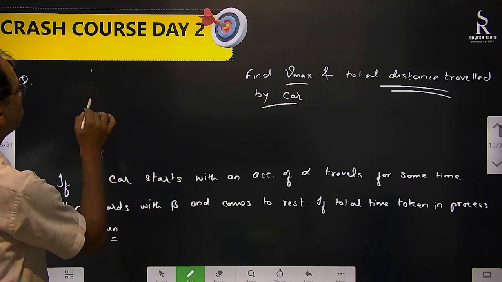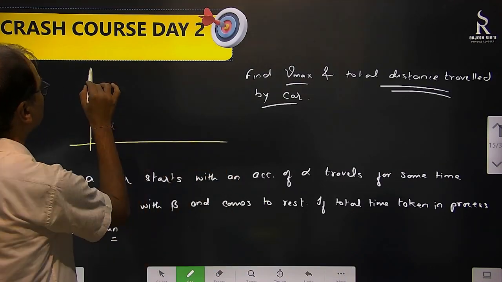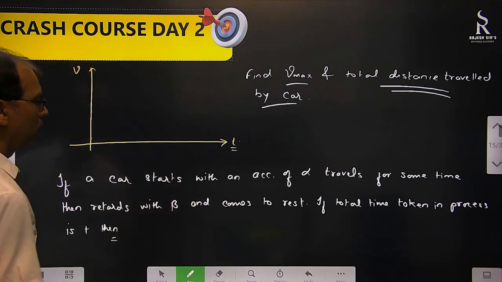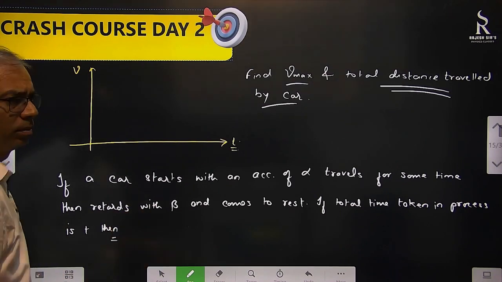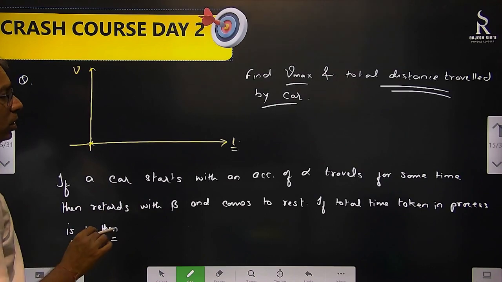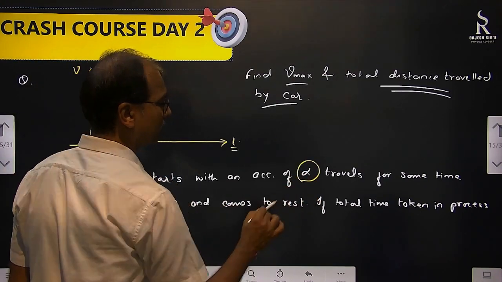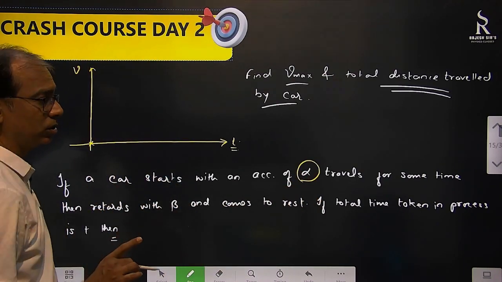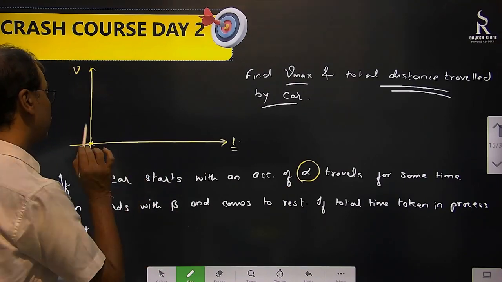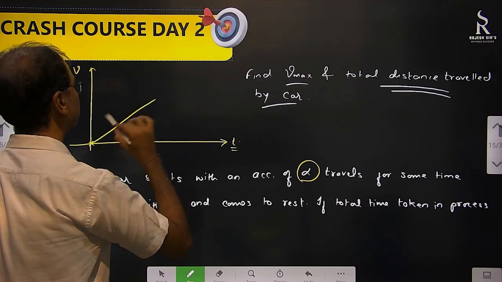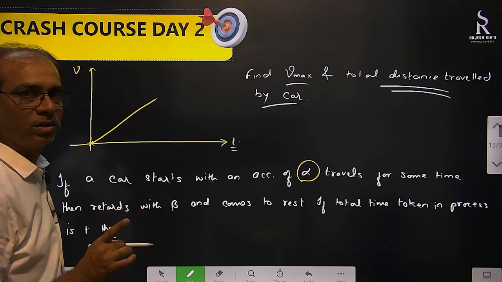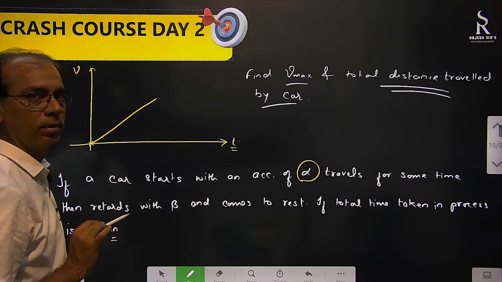So here is the VT graph. This is V and this is T. Then what he says, a car starts from zero velocity. So that means the graph will start from here. Then what he says, acceleration of alpha. Is it constant acceleration? Yes. So constant acceleration means constant slope, and constant slope means a straight line. So it will be like this, a straight line for some time.